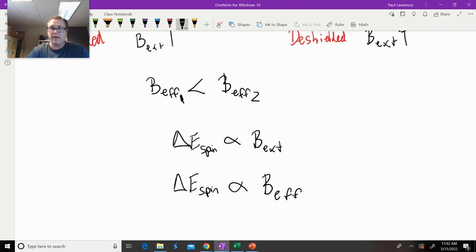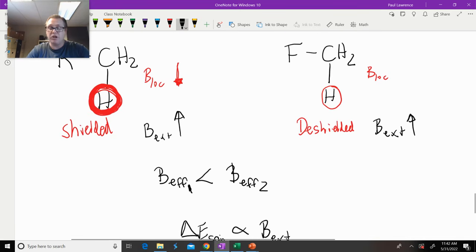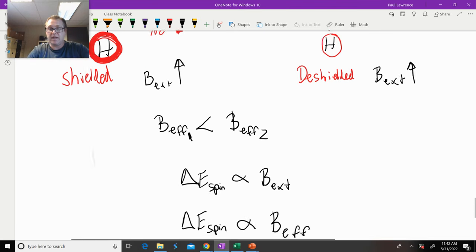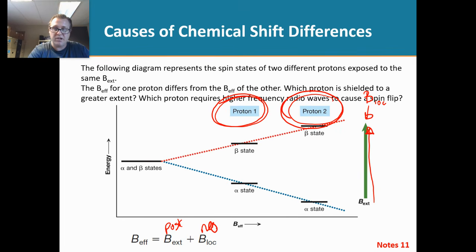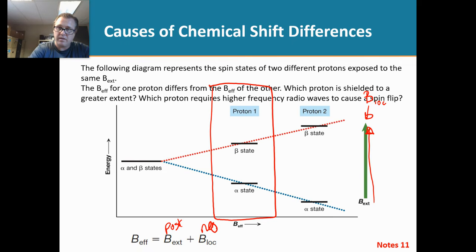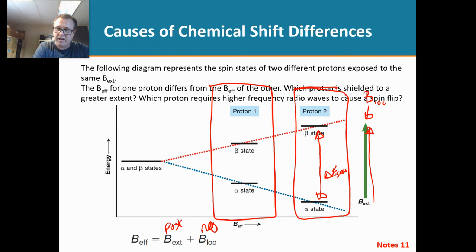So what happens here is that proton 2 is going to be more deshielded. It's going to have a larger B effective, which is shown right there. So that means when we compare these two states right here, we have that state and that state. Do you see how in proton 2 the gap right here, which is the change of energy of the spin, is larger?